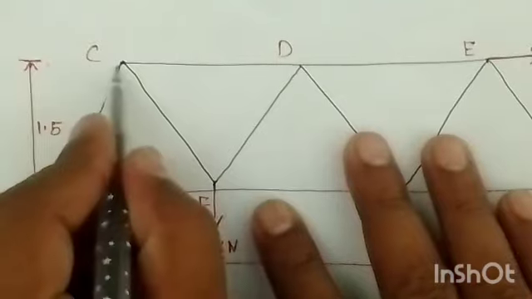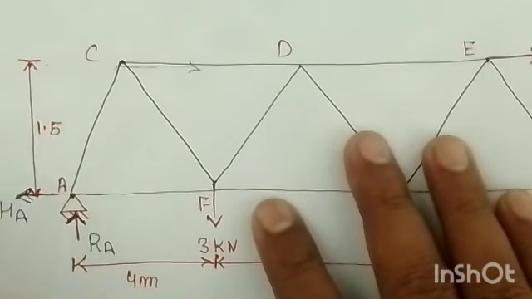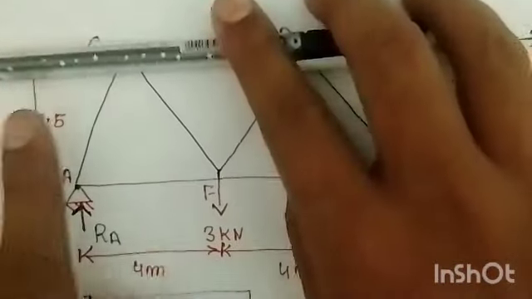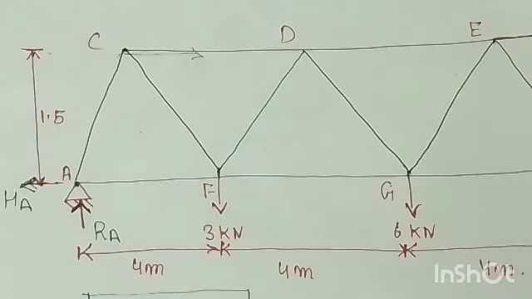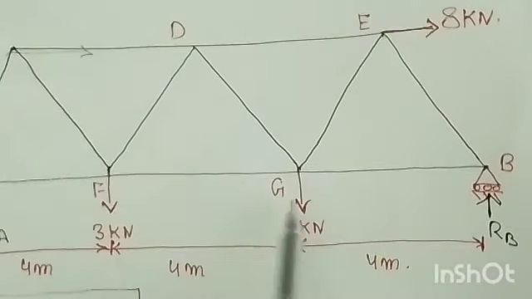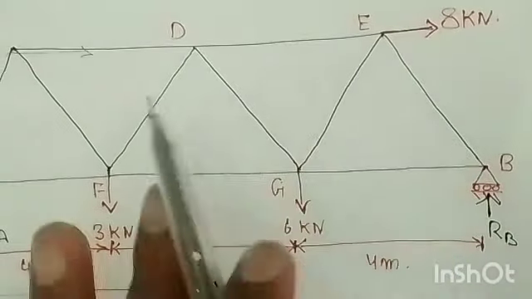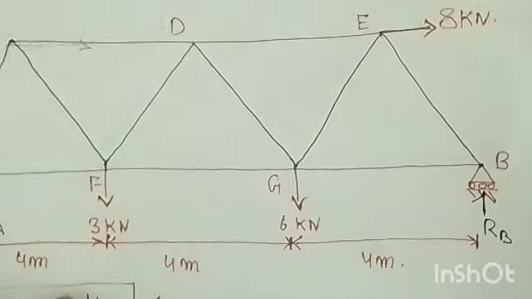Let's imagine that 8 kilonewton is this, so you have to find the moment about this point. The force is this one and this is the distance. How will it rotate? This is also clockwise, right? So all clockwise will be one side and anti-clockwise will be another side. It means the moment because of this 3 kilonewton, 6 kilonewton and 8 kilonewton will give you the clockwise rotation, and this RB will give you the anti-clockwise rotation, right?